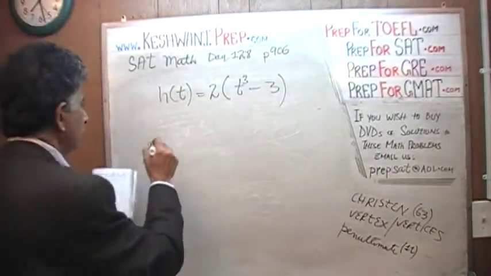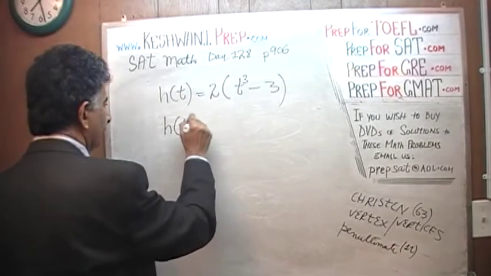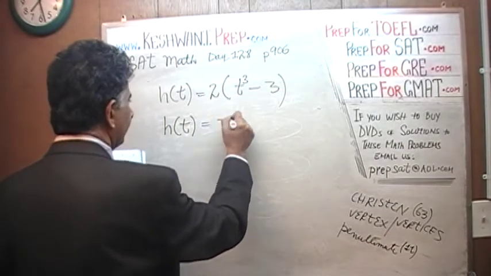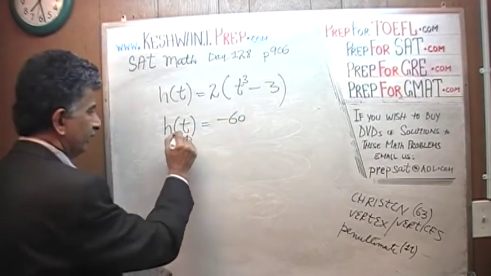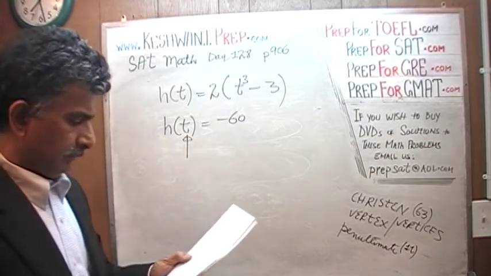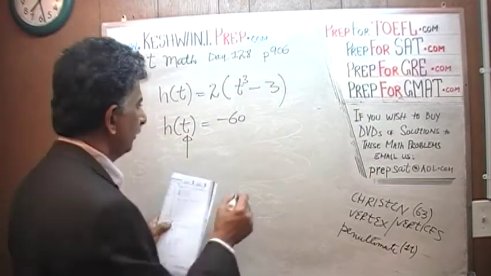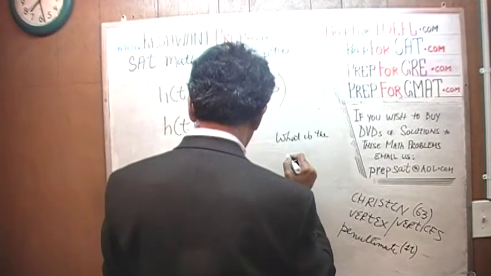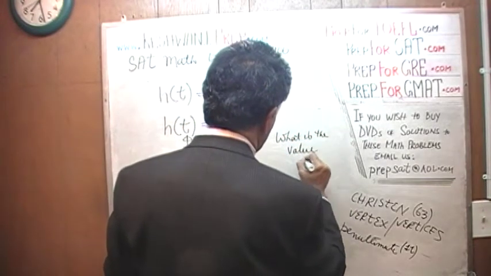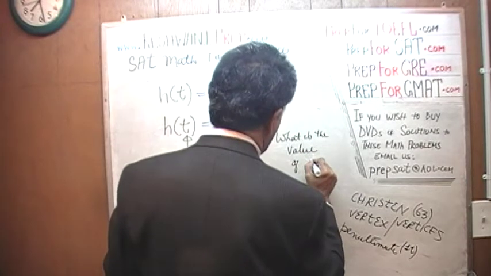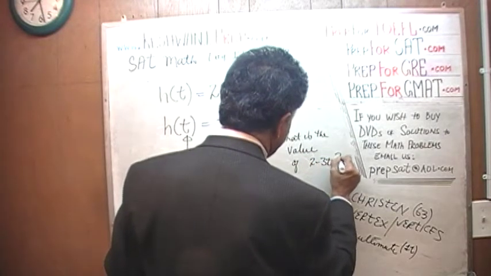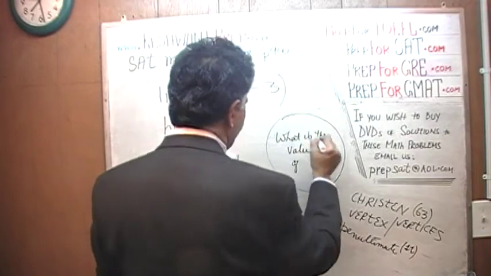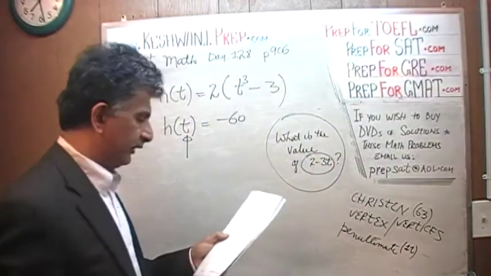And we are told that the value of the function equals negative 60 at some value of t. And the question is, what is the value of 2 minus 3t? This is what we are interested in, 2 minus 3t.